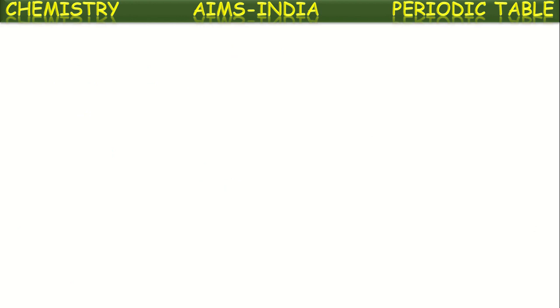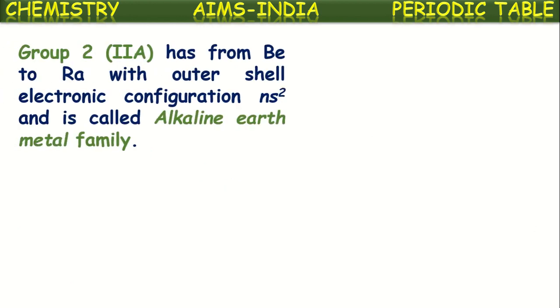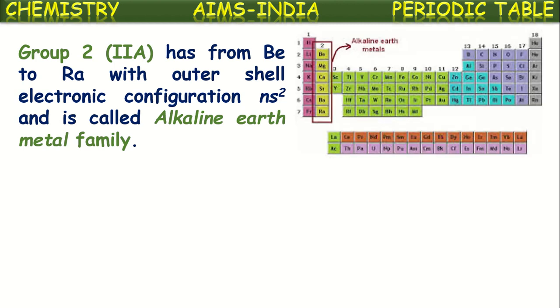Okay, let us see some more like this. Next, group 2, that is the second column in the modern periodic table, or 2A group elements. It has elements from beryllium to radium. They are beryllium, magnesium, calcium, strontium, barium and radium. These elements have their outermost shell electron configuration as ns2, where n represents the outermost shell number.